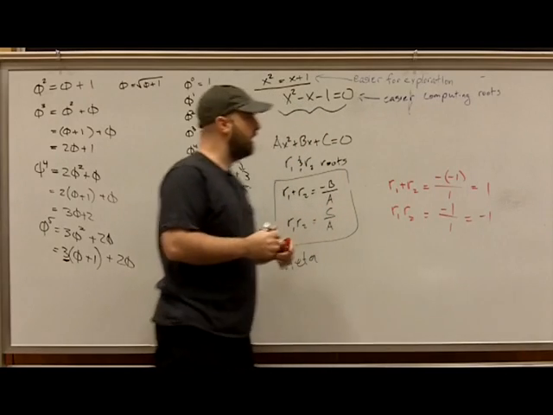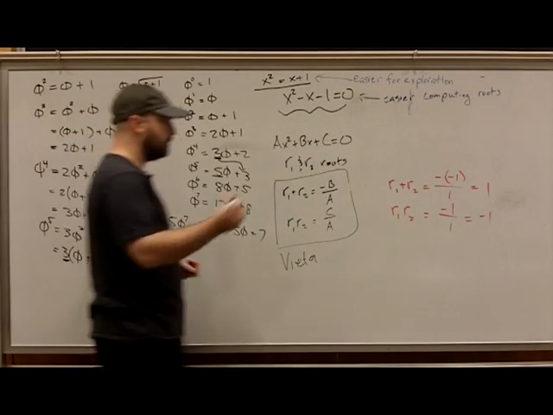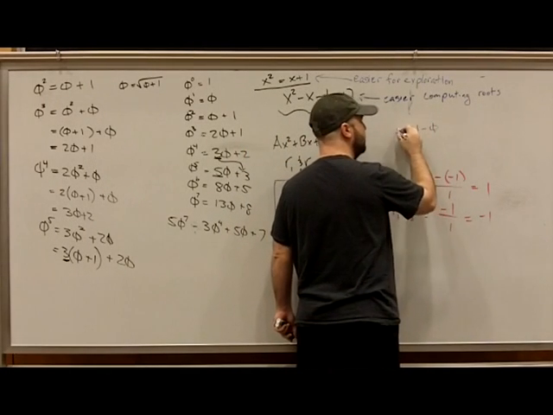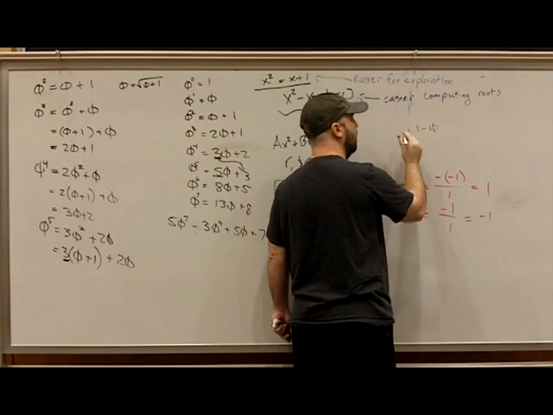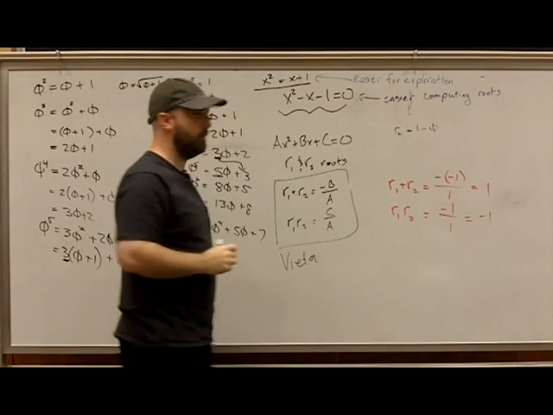What this means is that the other root that we didn't talk about, the one that's not the golden ratio, we could write as 1 minus the golden ratio. I'll call it R2. The second root is 1 minus the first root.